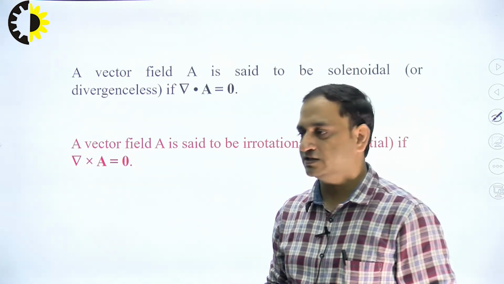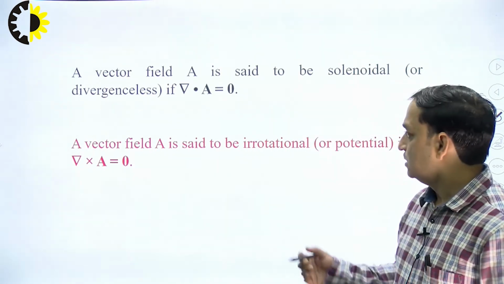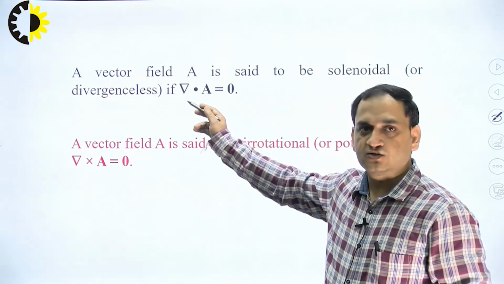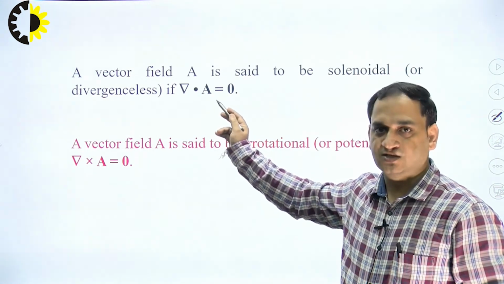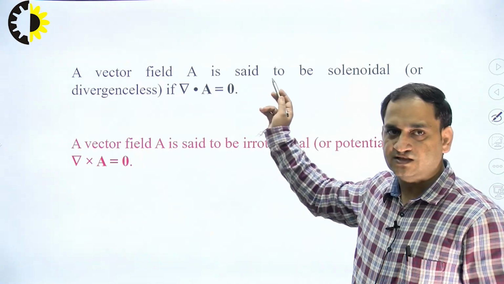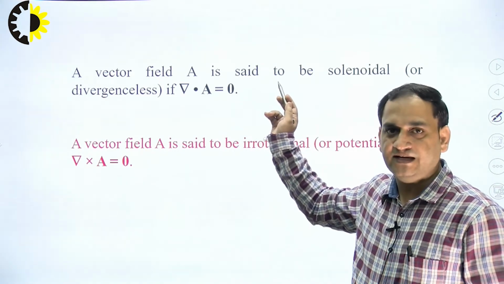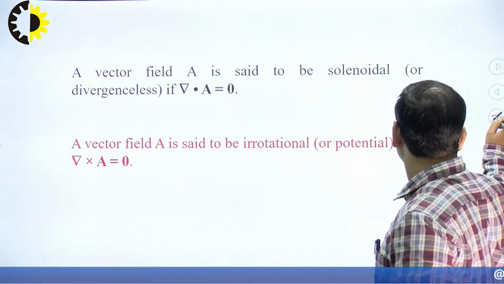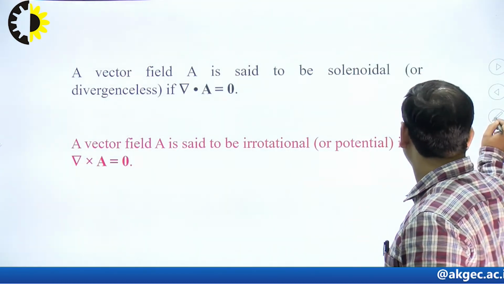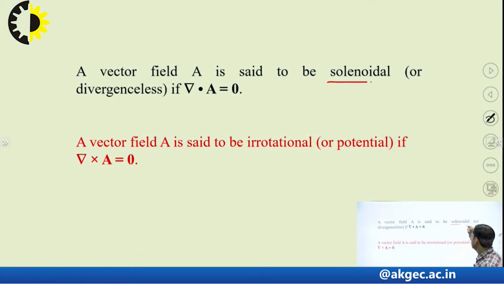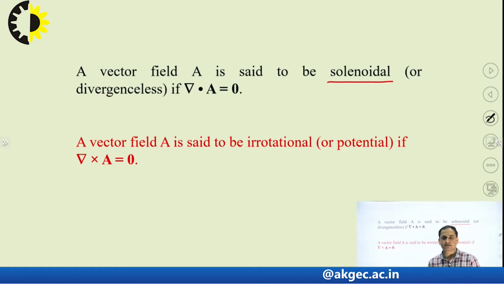In the last lecture, as we discussed about the divergence, if the divergence of any vector is 0, in that case we say this vector field A is said to be solenoidal, or a divergenceless vector.